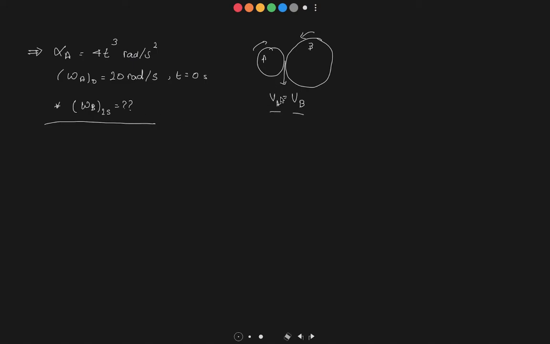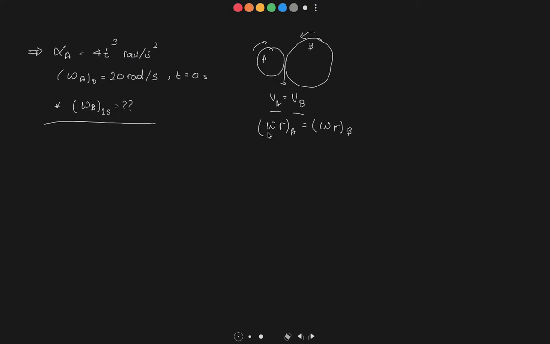The tangential velocity is equal to the angular velocity multiplied by the radius. So this is for A, and this should equal the same thing in B: omega B multiplied by r of B.